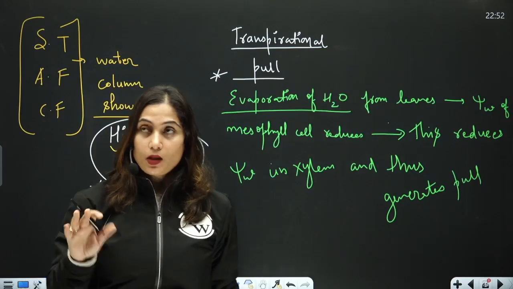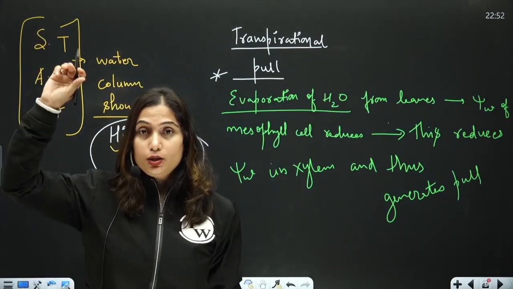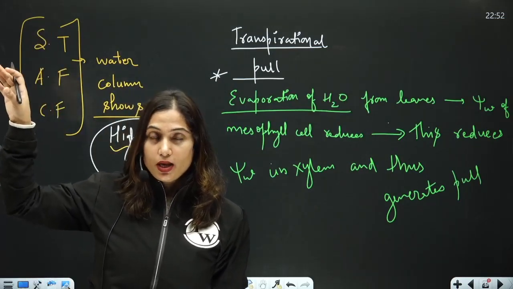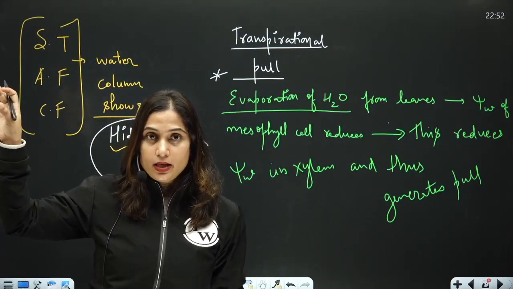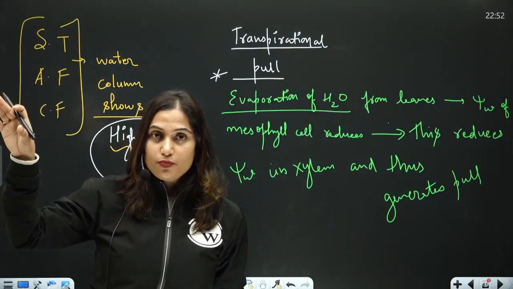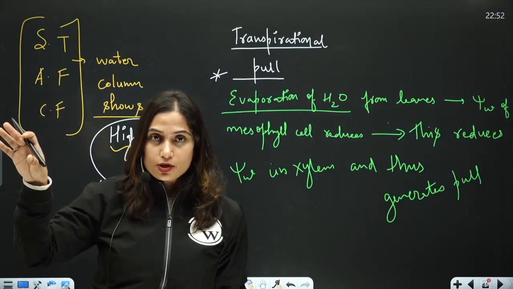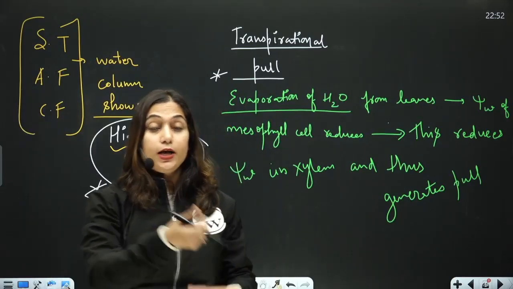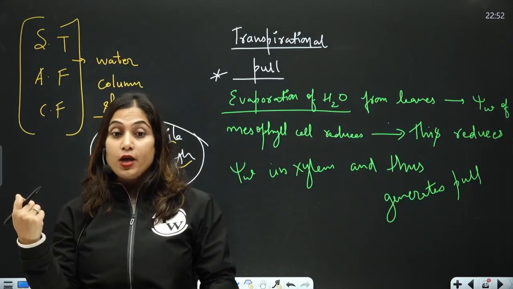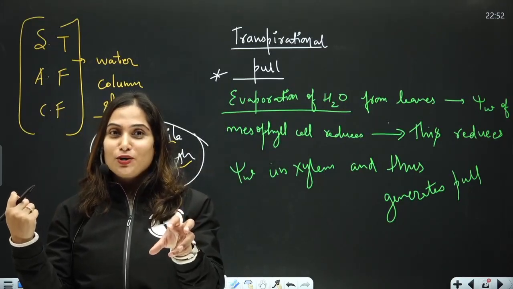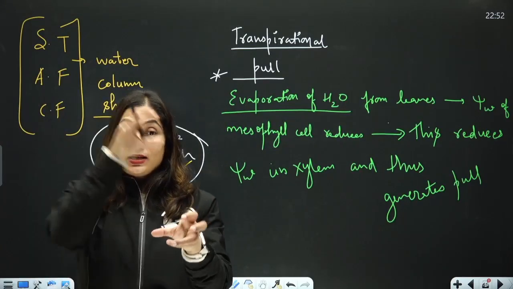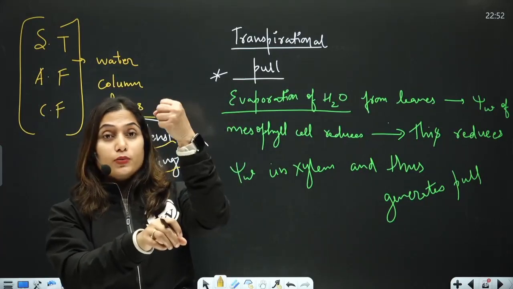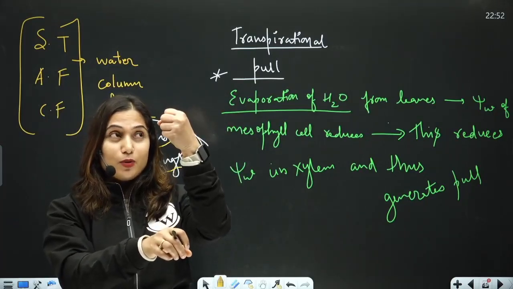During the day, through stomata, the water gets evaporated. Because of that, the water potential of mesophyll cells gets reduced. So the mesophyll cell will take water from the xylem of the leaf, which will reduce the water potential of the xylem of the leaf. The xylem of the leaf will take water from the xylem of the stem.